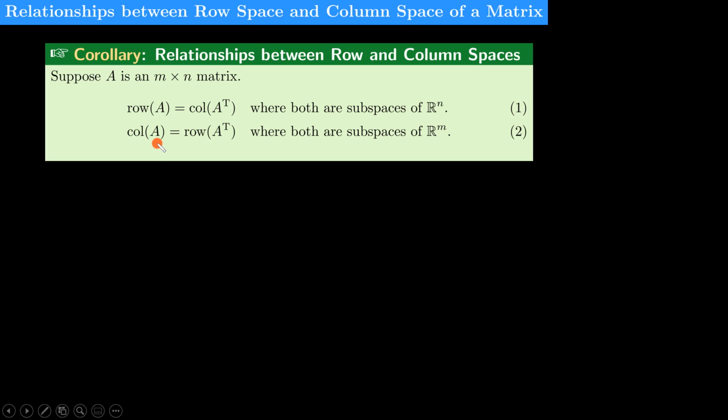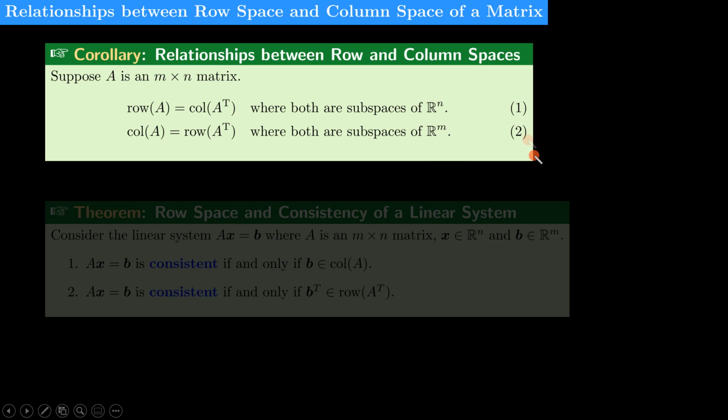Conversely, the column space of A is equal to the row space of A transpose, where both are subspaces of Rm. Now this is obvious since the rows of A are the columns of A transpose. Conversely, the columns of A are equal to the rows of A transpose.